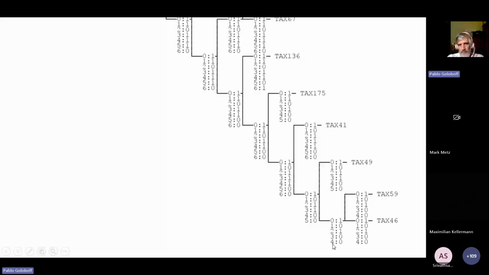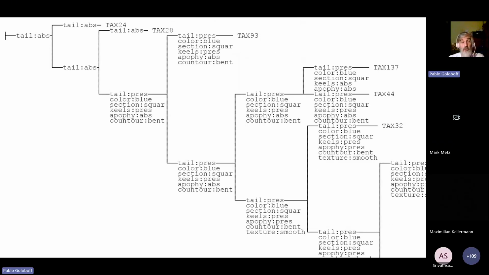That's because both, yes, 3 and 4 represent the keel and the apophysis. Because those are absent, characters number 5 and 6 don't exist. This is if you use states. You can also use the names of the characters, which of course is a lot easier to follow.